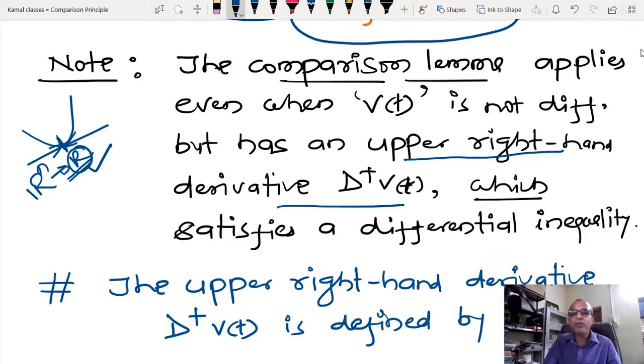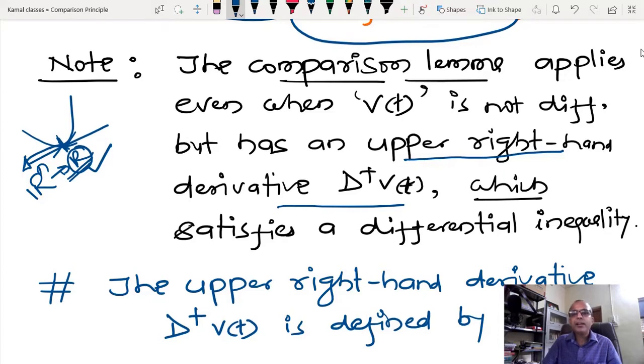So to apply the comparison lemma to a higher dimensional system, the first step is to map from R^n to R. After that, in this particular space, I define some kind of function, and if that function is differentiable, then I can come up with a differential inequality. Using that differential inequality, I can calculate the bound of the solution of the original differential equation.